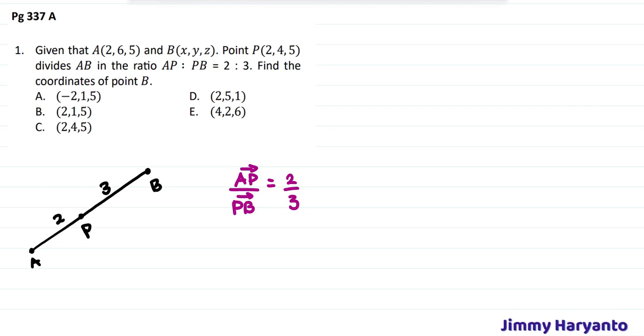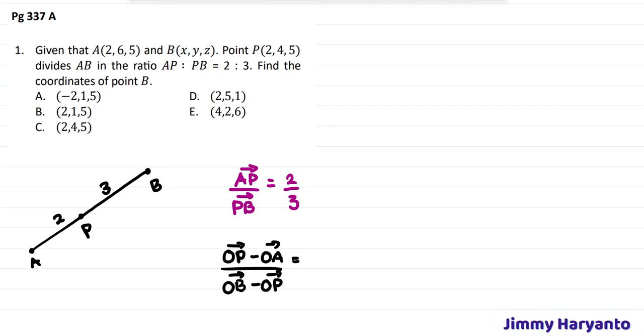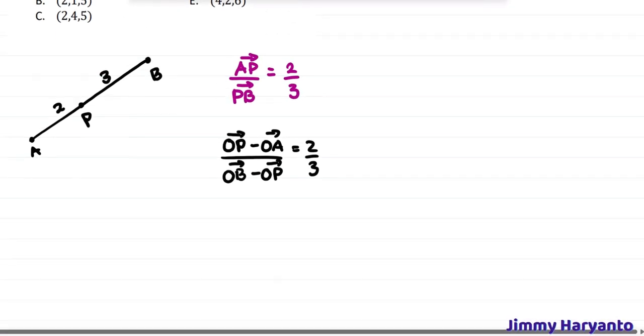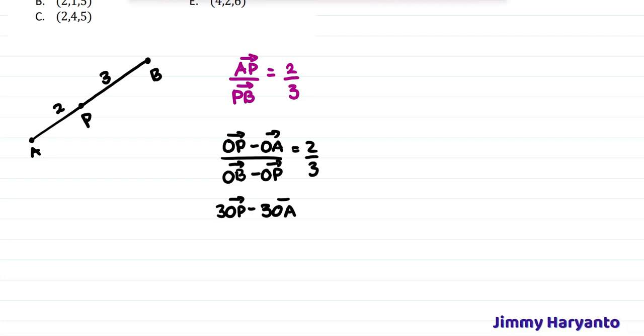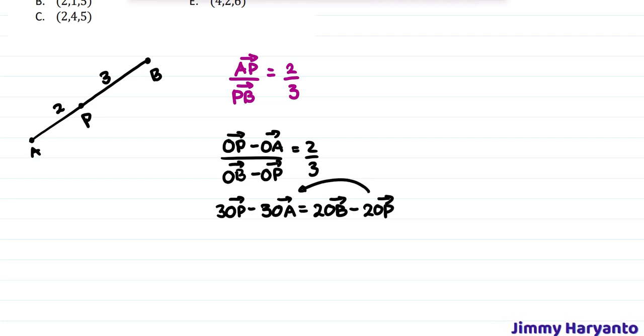And then let's break down the AP into OP minus OA, and break down the PB into OB minus OP, equals 2 over 3. You cross multiply first. You have 3OP minus 3OA equals 2OB minus 2OP. And then move the 2OP to the left hand side.